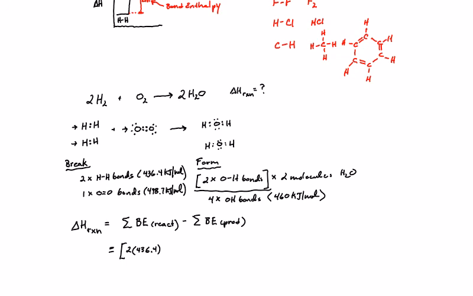We just have to remember to put the units back in at the very end if we take them out now. And we have 1 OO double bond, so that's 1 times 498.7. And we're going to subtract from that the bond enthalpies of the products, which is going to be 4 times 460.